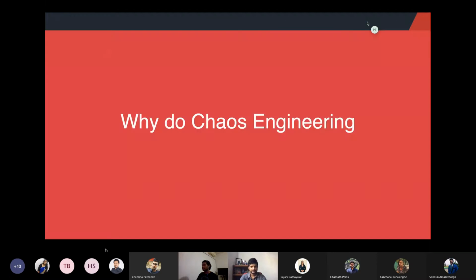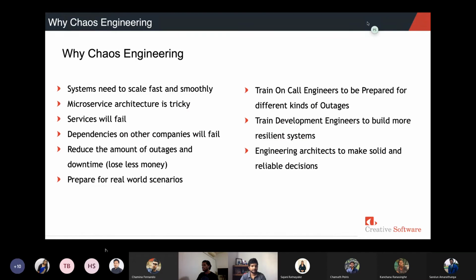Going forward, why do we do chaos engineering? With the velocity at which companies are producing code and new features, they need to scale fast and smoothly.